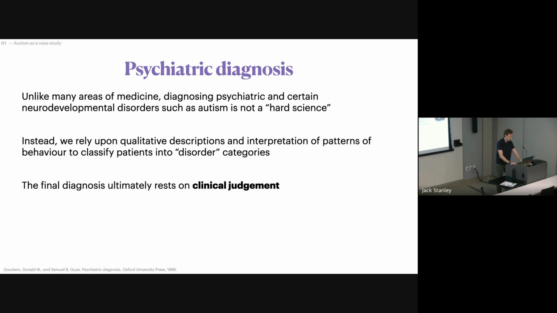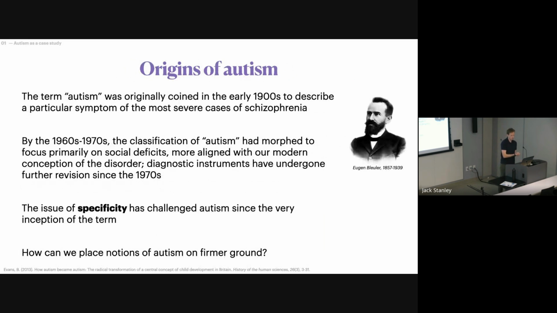Now, just a brief overview on the history of the term autism. This was originally coined in the early 1900s by Bleuler, who was a contemporary of Sigmund Freud. He did a lot of work on schizophrenia, and he used this term to describe a particular symptom of some of the most severe cases of schizophrenia, in fact. But of course, by the 60s and 70s, this term had morphed to focus primarily on social deficits, which is much more aligned with our modern conception of the disorder.